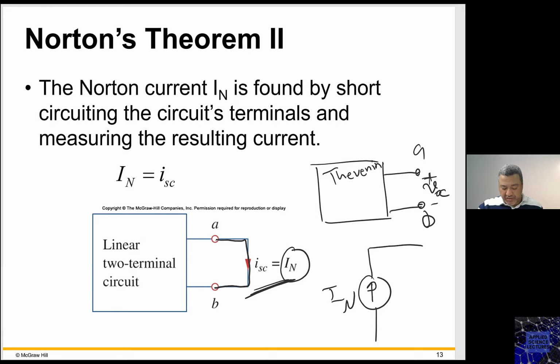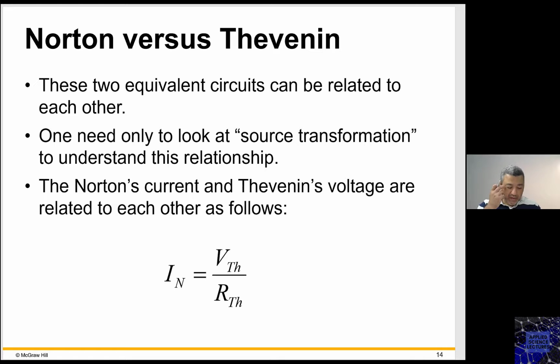And then the resistor that we will find, the R Norton, is the same as the R Thevenin. So those two circuits are related. As you remember, when we did the source transformation, we always transformed a voltage source connected in series into a current source connected in parallel.